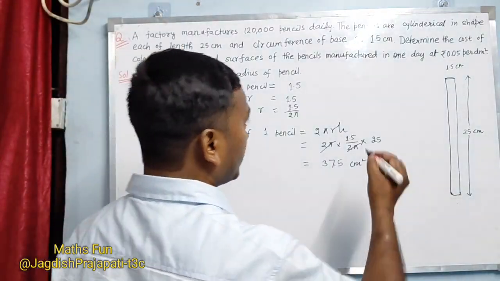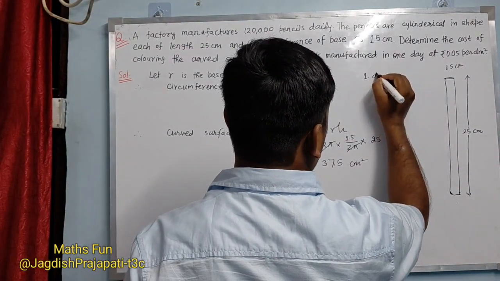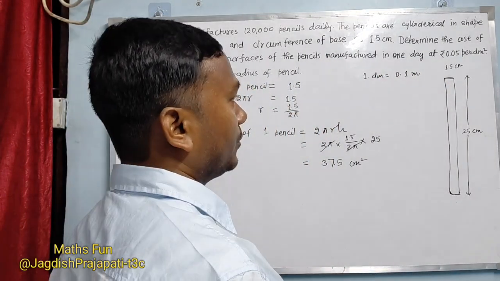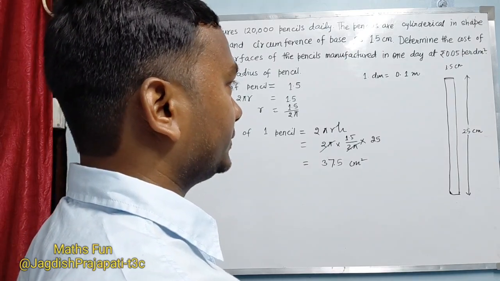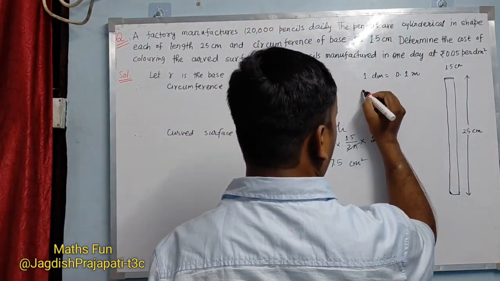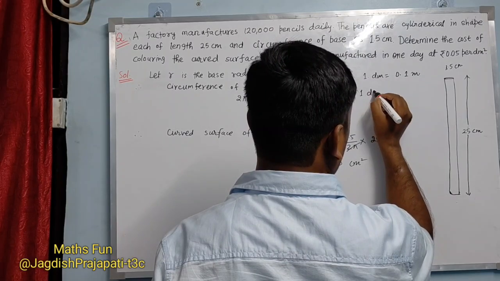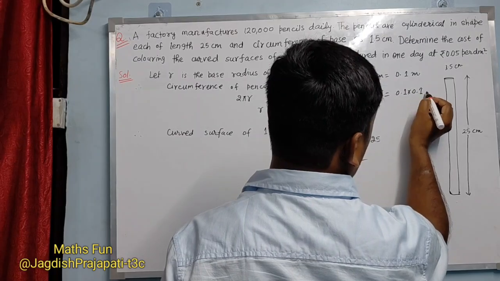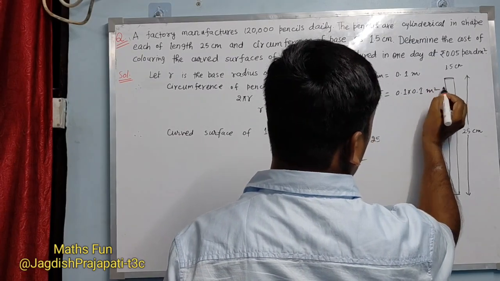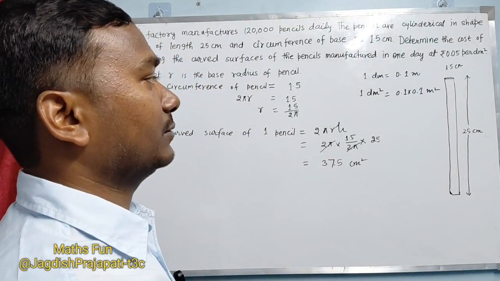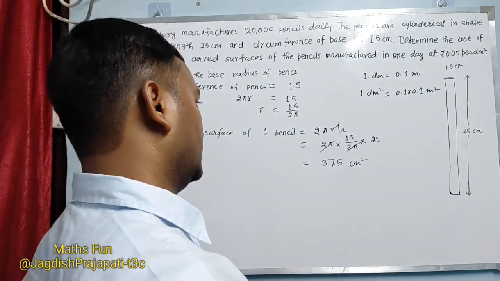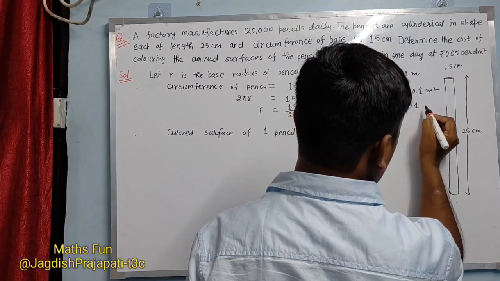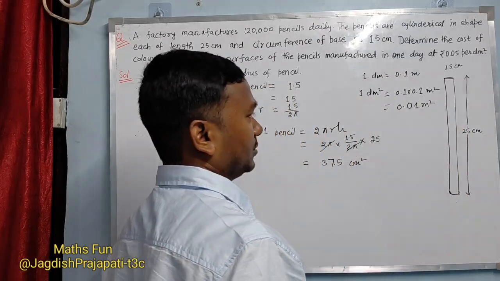As we know, 1 decimeter is 0.1 meter. So 1 square decimeter will be 0.1 into 0.1 square meter, which is 0.01 square meter.